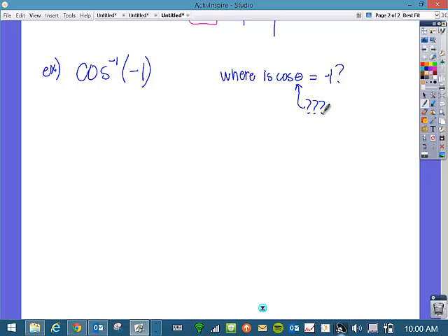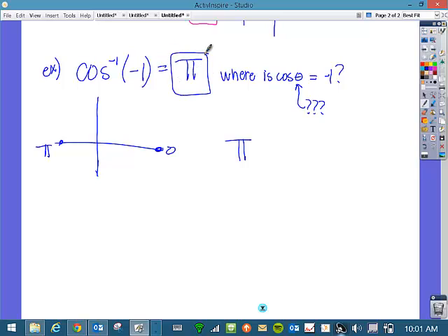That is what we're trying to figure out. Well, remember, we're restricted from 0 to pi. Cosine of 0 is 1. Cosine of pi is -1. So what angle makes cosine equal to -1? It's pi. So cos inverse of -1 is pi. That is your answer. Your angle is pi, 180 degrees.